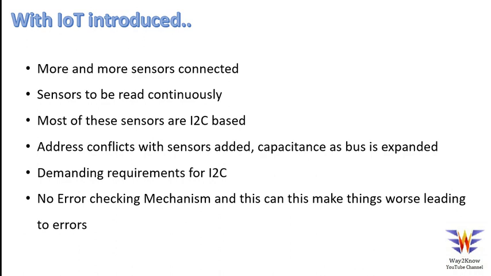So the I2C protocol demands have increased these days with IoT. Now, one major disadvantage: as we increase the number of devices, there is always a chance of errors, and the current I2C doesn't have an error checking mechanism. So that's another disadvantage.